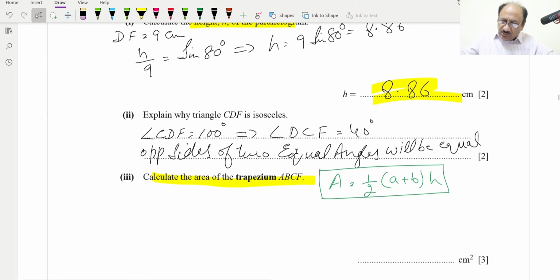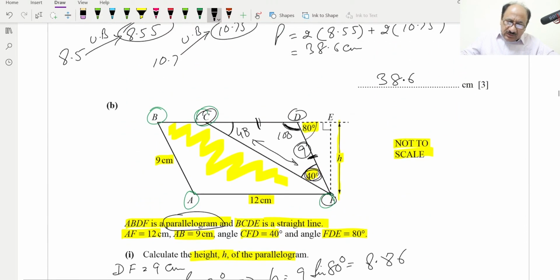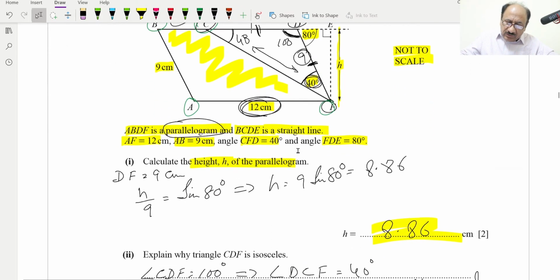H is equal to 8.86, and this one we will utilize in this part. We can write here area of trapezium is equal to 1 by 2 into two sides: this side will be 3, and this side is 12. So how is this side 3? Because this side is 9, this side is 9, and total is 12, so remaining will be 3.